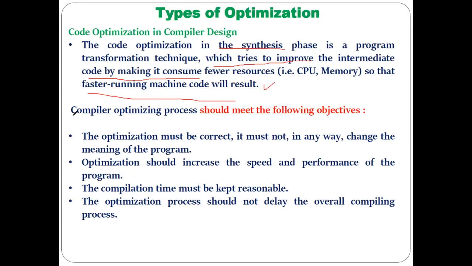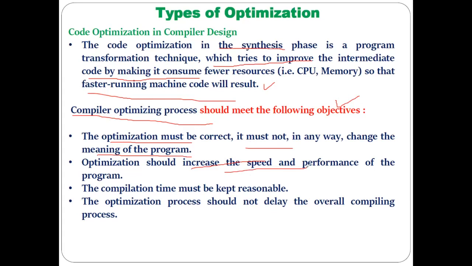Through the code optimization process, the following objectives can be achieved: the optimization must be correct, the meaning of the program should not be changed, and the output of the program should not be violated. Then the speed of execution and the performance of the program should be increased.